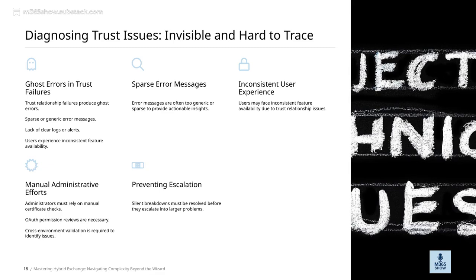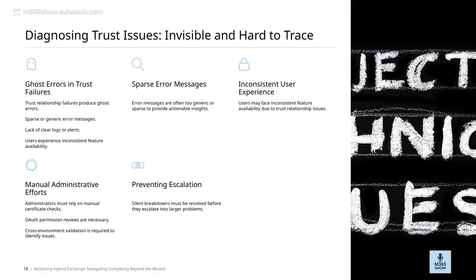Now, when it comes to diagnosing trust issues, it's important to understand that many of these problems are invisible and hard to trace. These silent breakdowns can escalate if we don't address them early on. To prevent this, administrators need to be proactive, relying on manual certificate checks, reviewing OAuth permissions, and conducting cross-environment validation to spot issues before they grow.